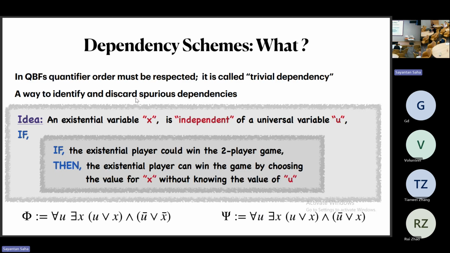And dependency schemes. Again, looking at it just from the perspective of false formulas, we talk about the dependence of an existential on a universal.